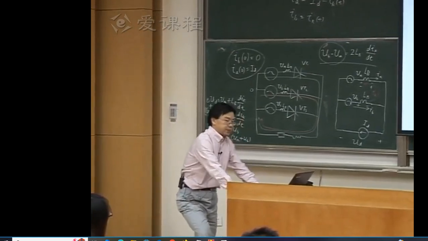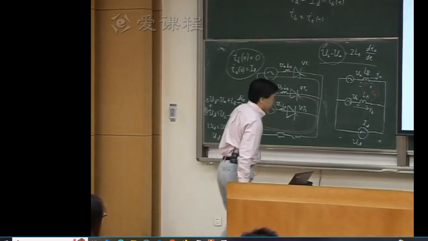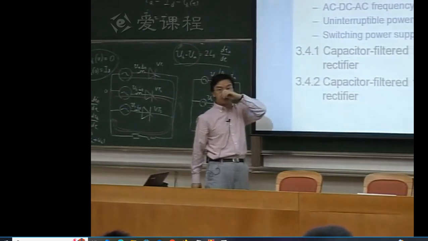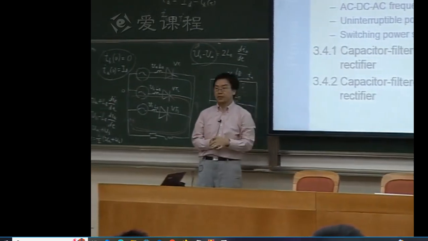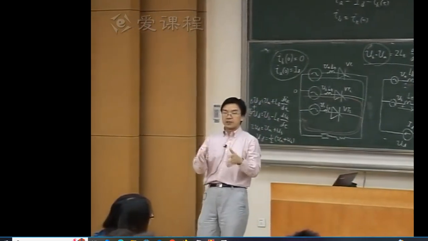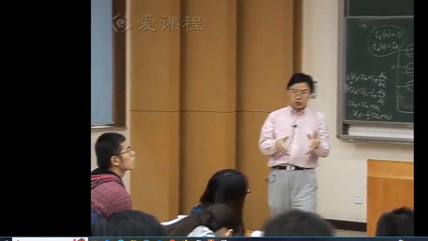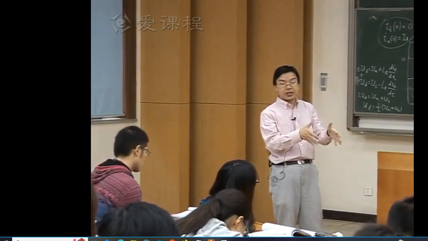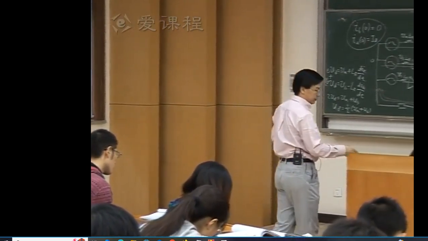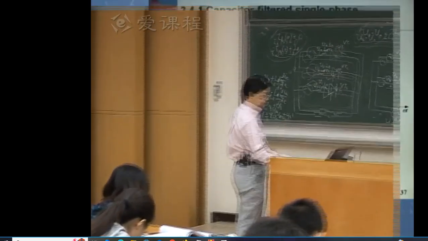And actually, the capacitive load is very widely used. In the future, you will see a lot of power converters that actually have this AC to DC rectifier circuit with capacitive load as the first stage. In the future discussion, you will see that.